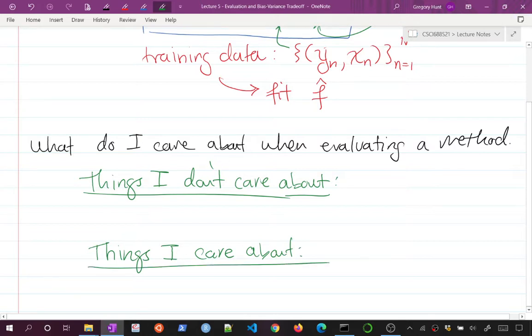So let's fill this out. Things I don't care about. What I really don't care that much about, generally, when evaluating performance of my predictor function f hat, is the performance of f hat on the training data.